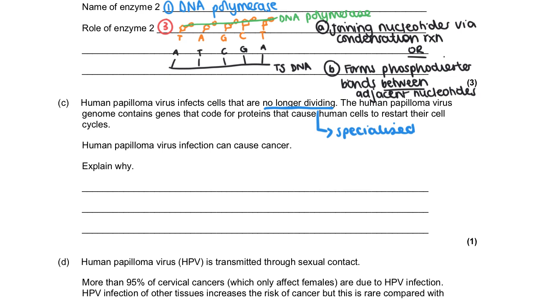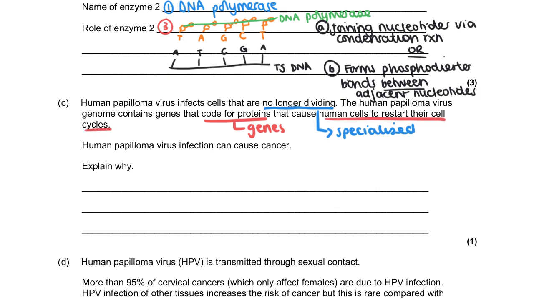The human papillomavirus genome contains genes that code for proteins that cause human cells to restart their cell cycles. So we've got the code for proteins. Obviously, we know that these are genes in general that cause human cells to restart their cell cycles.